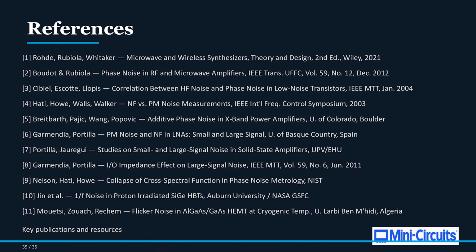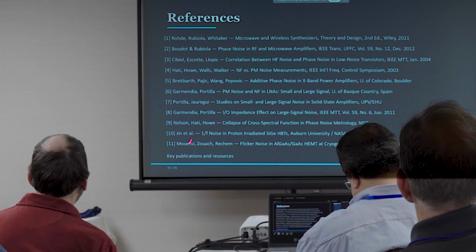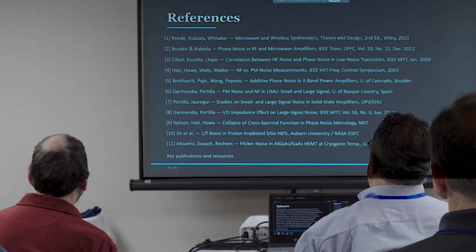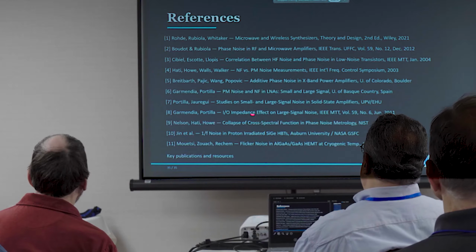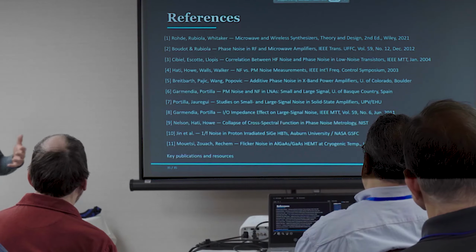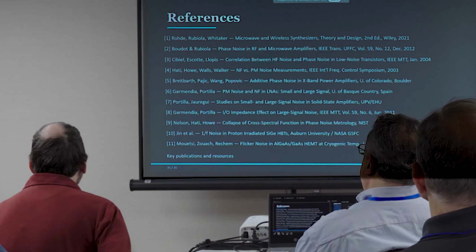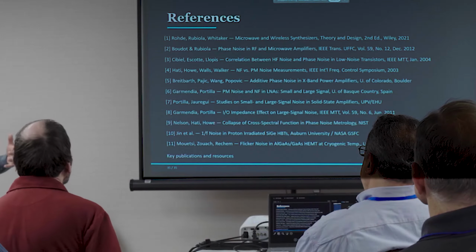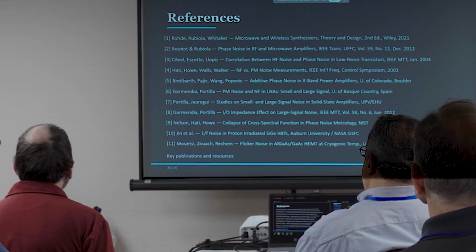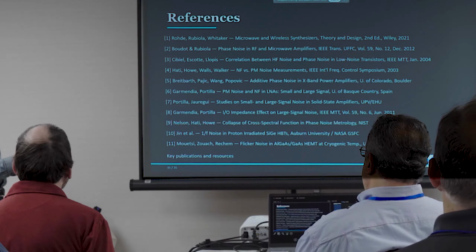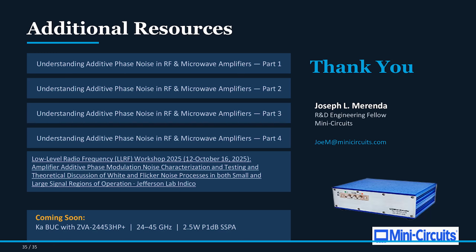Some of these other papers here are equally as important, and some of these will talk about this large signal effect, this AM to PM conversion effect. Not in as gory detail as we go through here, and not as demonstrably as we do here, but you can see that some of the theory has been discovered in some of these papers here.